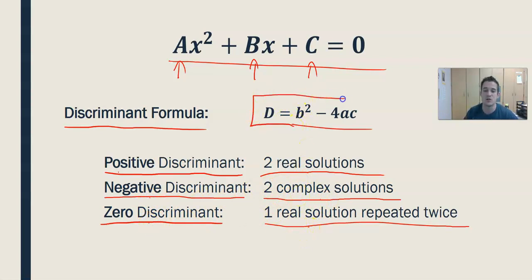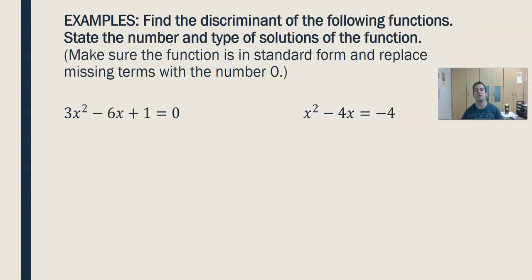And I find the discriminant using this formula. You can write that down, it's in your notes, you can keep it, you can use that on the test. I'm not going to require you to memorize it, but that's what the discriminant formula is. Okay, so now we're going to go through some problems and find the discriminant to determine how many solutions this quadratic function is going to have.